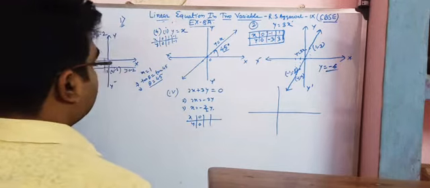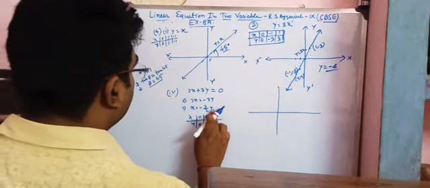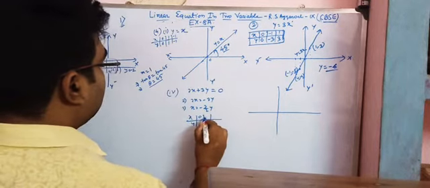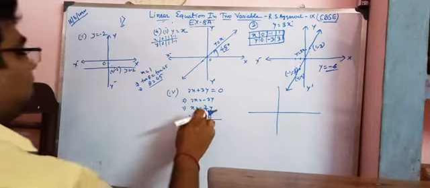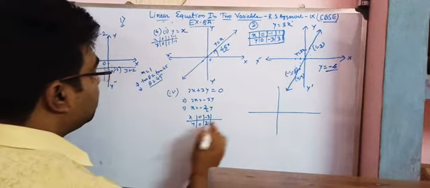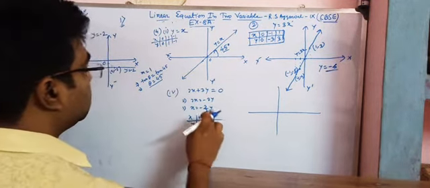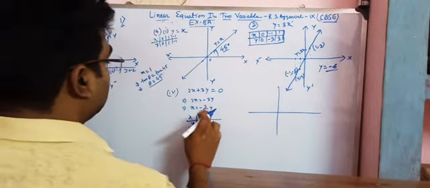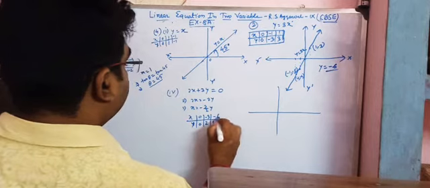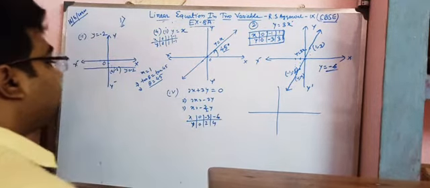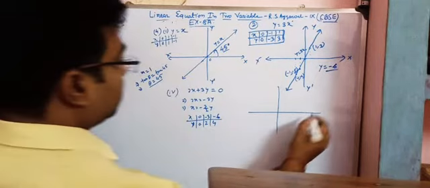Now for y is equal to 2, x is equal to minus 3. That is, for x is equal to minus 3, we get y is equal to 2, and for y is equal to 4, x is equal to minus 6. So for x is equal to minus 6, we get y is equal to 4.